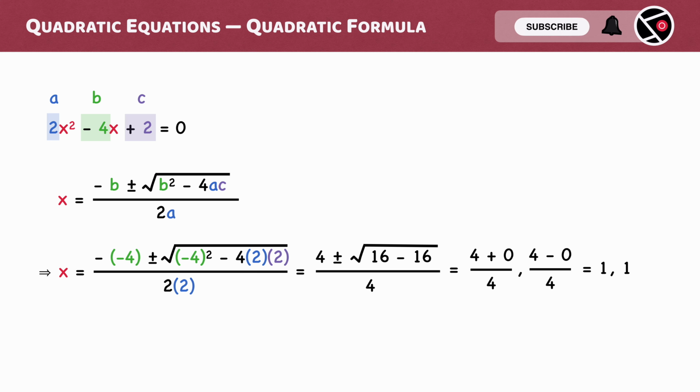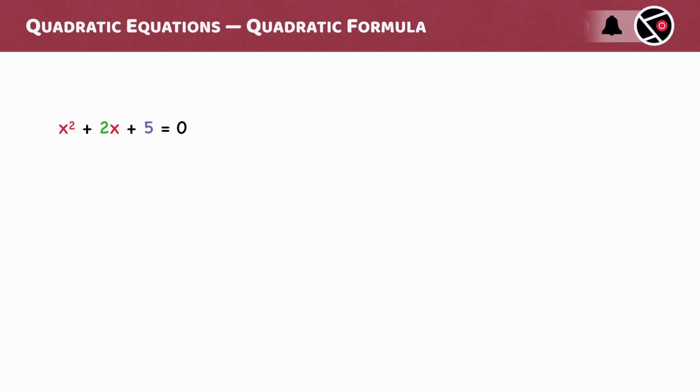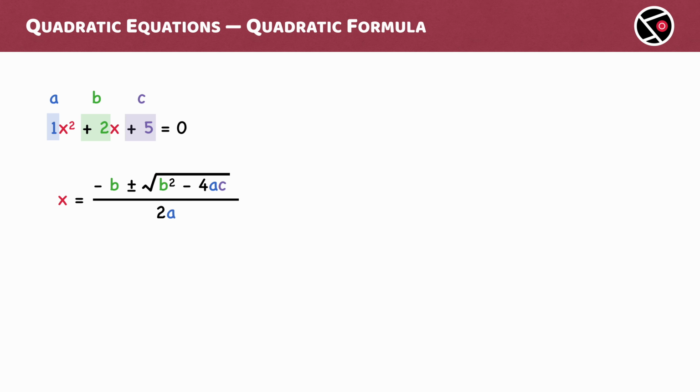Here is another interesting example. X squared plus 2x plus 5 equals 0. Once again, pause the video and try solving this yourself. Here a is 1, b is 2, c is 5. The quadratic formula is, we substitute the values of coefficients.